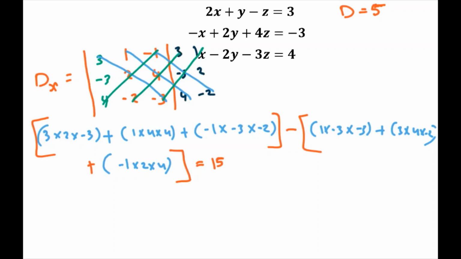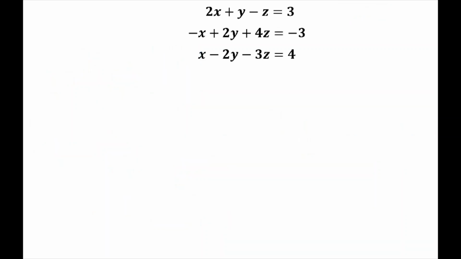Now to calculate, x basically equal to dx over d. That's going to be 15 over 5, which is equal to 3. So we know x equal 3.